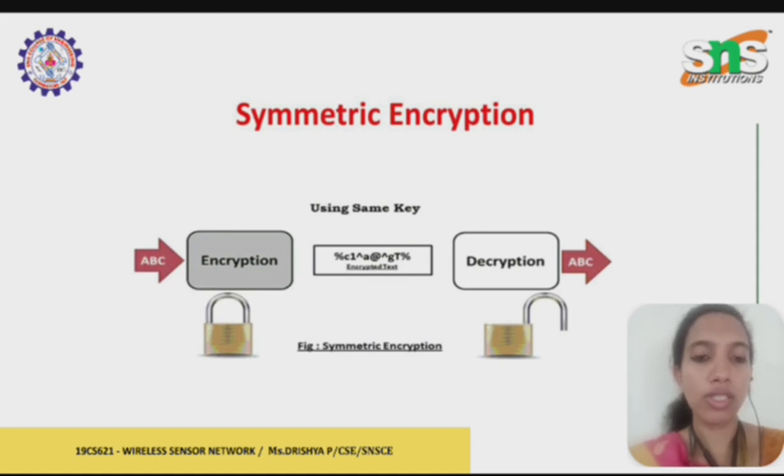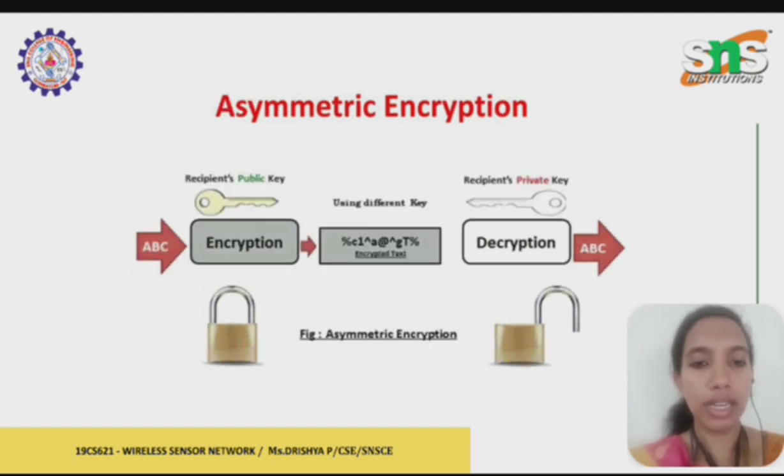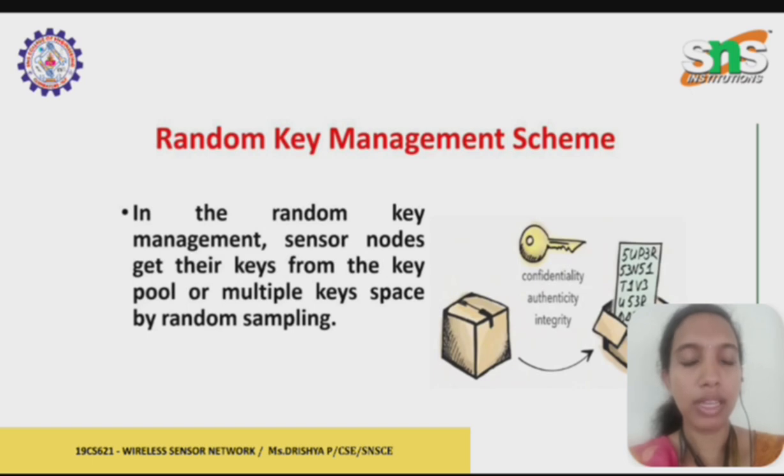That process is decryption, and we get ABC again. So this is symmetric encryption. Asymmetric is when we use the recipient's public key for encryption and the recipient's private key for decryption. Both encryption and decryption use different keys for conversion. This is the difference between symmetric and asymmetric key encryption.